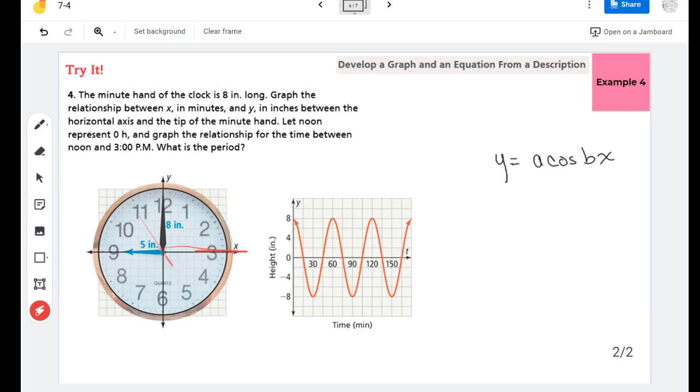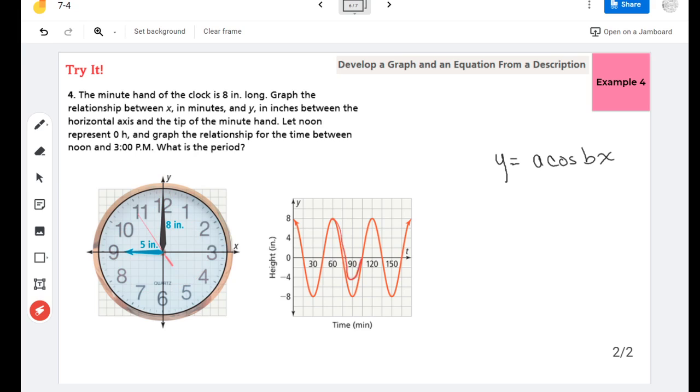So at 3 o'clock, or 15 minutes in, that height of the minute hand is at 0. After 30 minutes, when the hand is at 6, it's down at -8. And then it comes back up, and at 45 minutes, the height is again 0. And then when it's gone around a full 60 minutes, it's back up to 8.